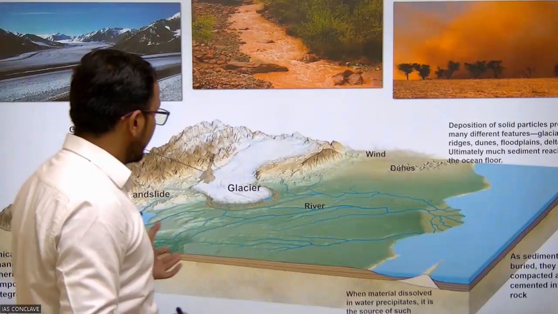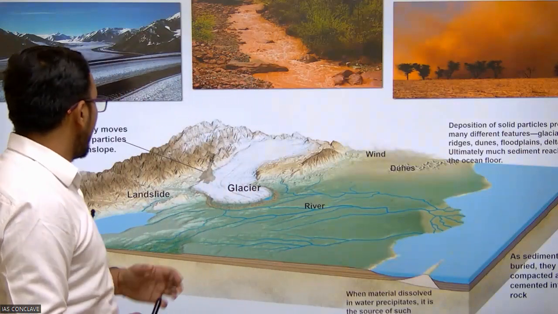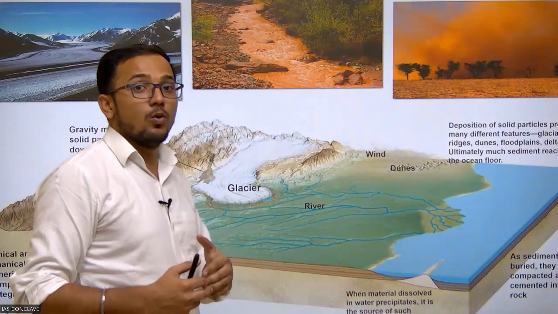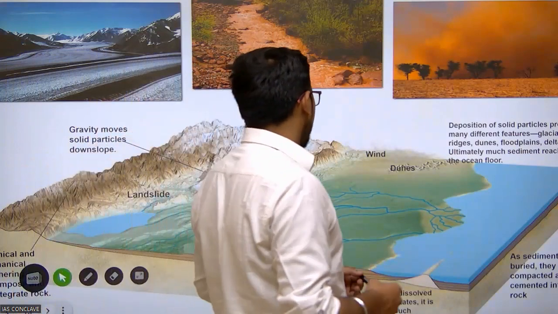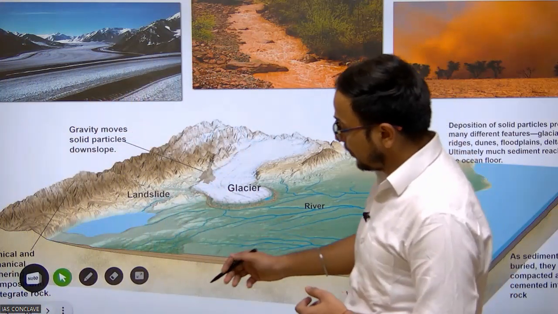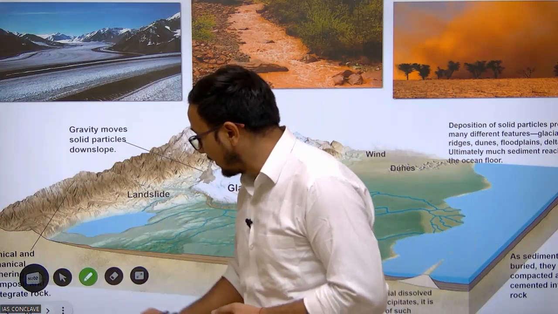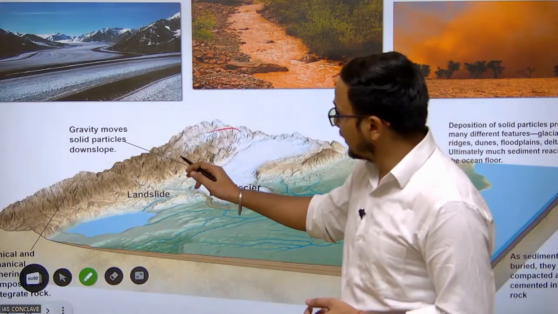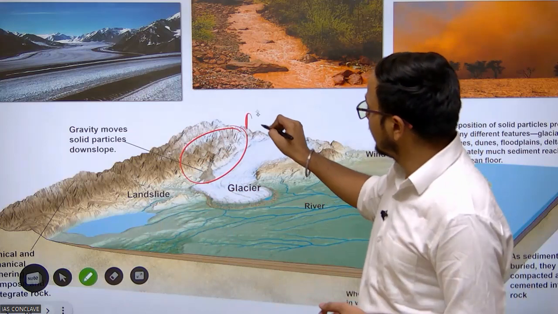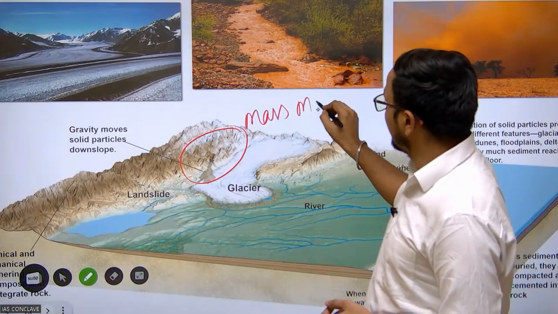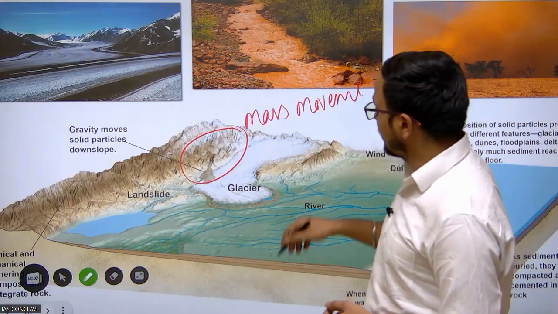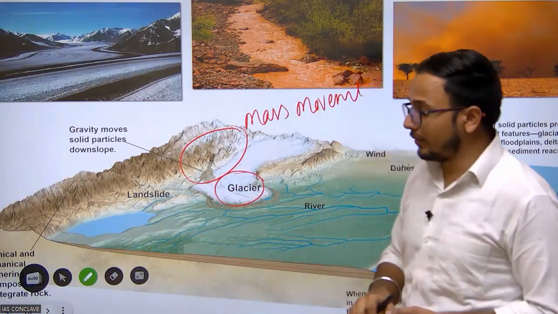Now this is a diagram which shows how erosion and deposition take place. First, weathering will take place. Then after weathering there will be mass movement, which is the result of gravity. Because of the mass movement, the material comes in contact with the glaciers.